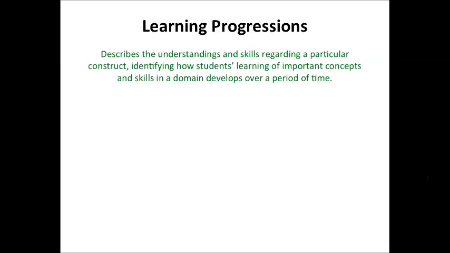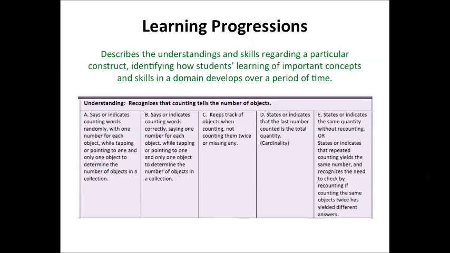So learning progressions basically are a continuum of skills about a particular construct or concept, and they develop from less sophistication to more sophistication, so that along the continuum you can see the sequence of skills and understandings that students move through in order to reach a potential goal.